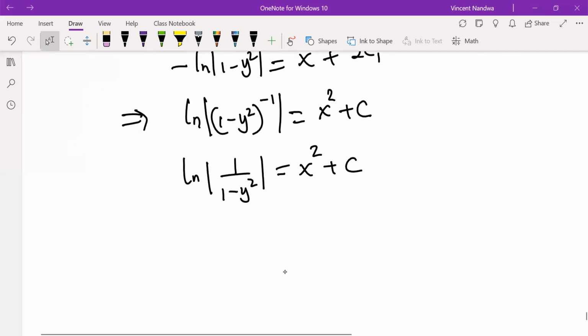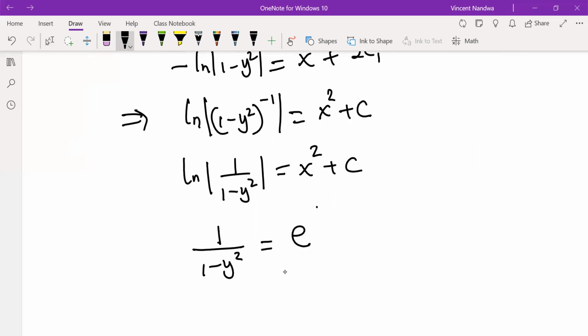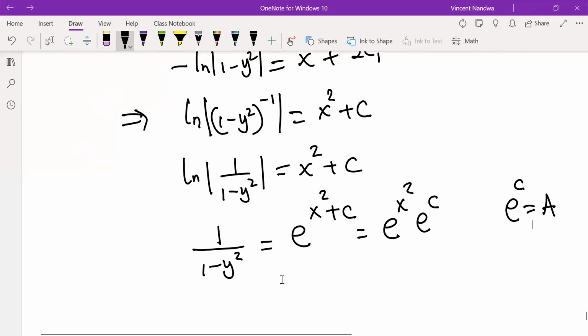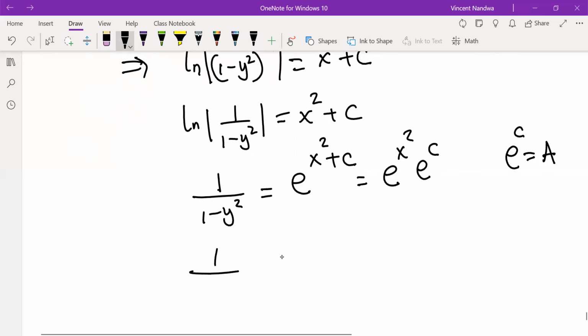Now, exponentiating both sides, we have 1 over 1 minus y squared equals e to the power x squared plus c, which we can write as e to the power x squared times e to the power c. If we call e to the power c a constant a, then 1 over 1 minus y squared equals a e to the power x squared.